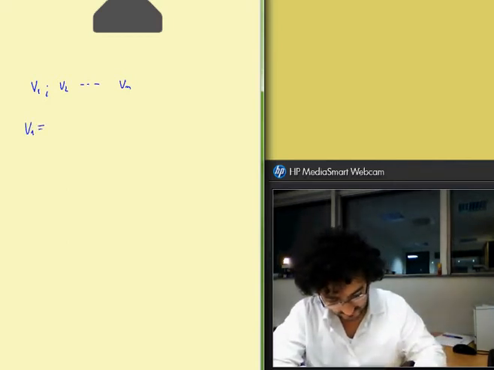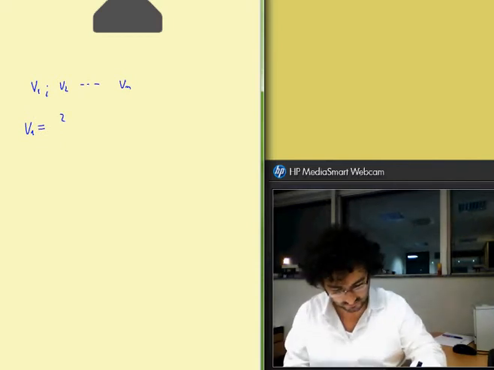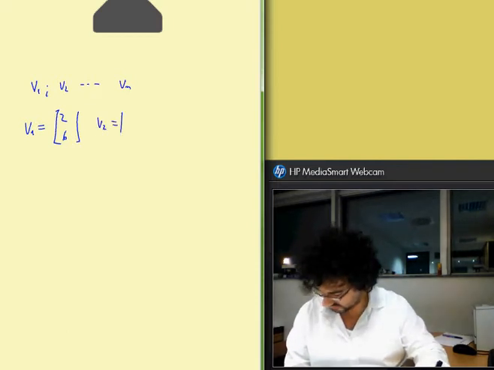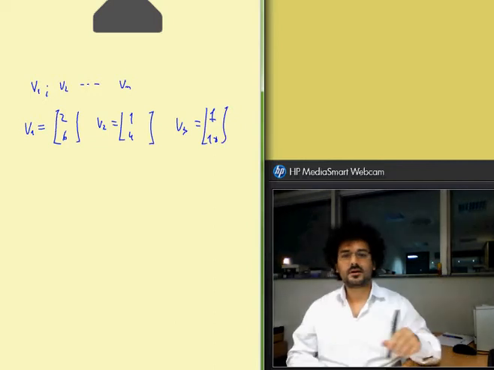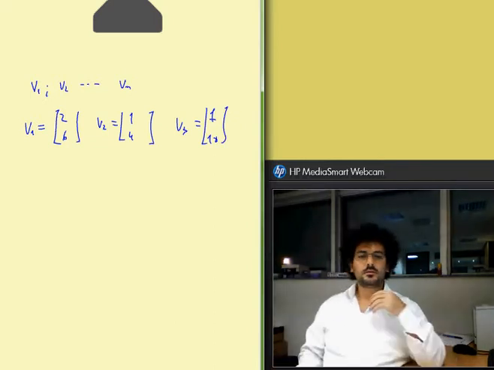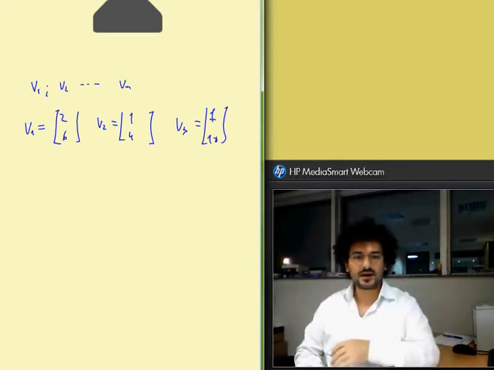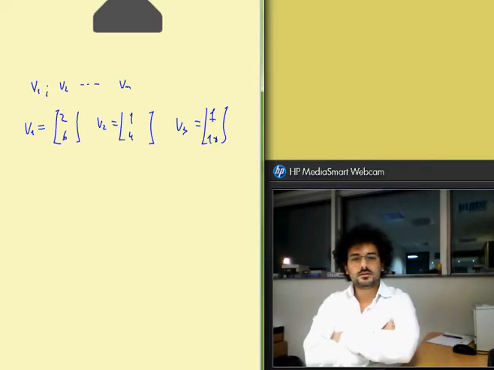We have three column vectors, very simple: the vector v1, which is 2, 6, then we have the vector v2, which is 1, 4, and the vector v3, which is 7, 18. So you can try to understand if these vectors are linearly independent or dependent.